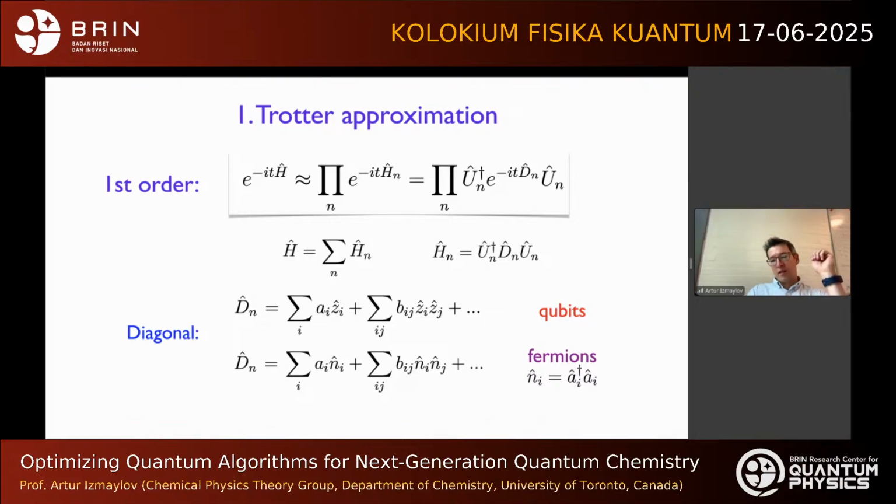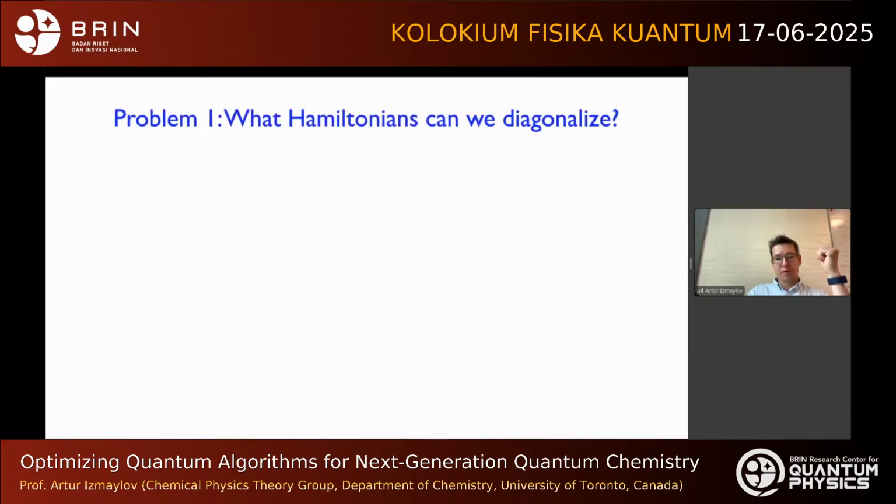So for the fermionic space, the diagonal operators would be occupation numbers, because they map into the Z operators when we do the qubit-fermionic mapping. Now, the next big question is, what Hamiltonians can we diagonalize? Can we bring them into these diagonal forms? What are the Hamiltonians we can deal with?